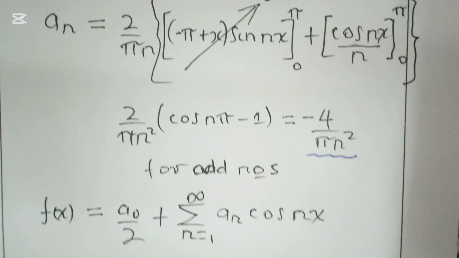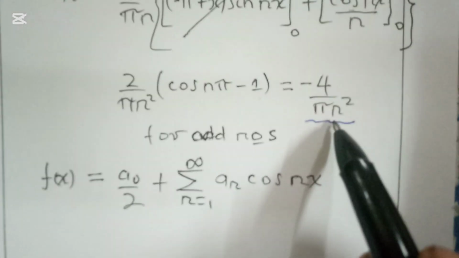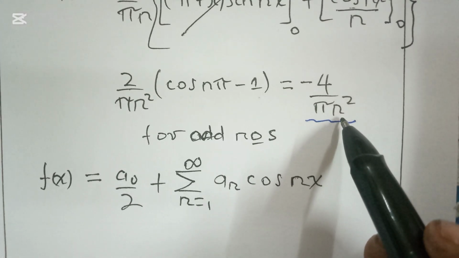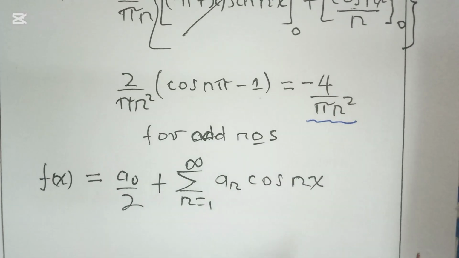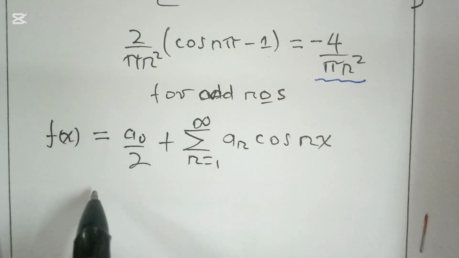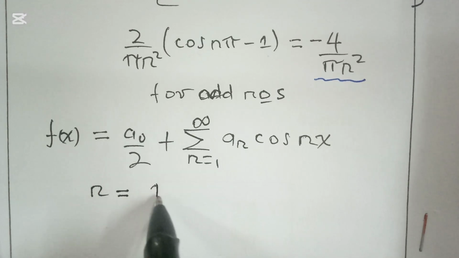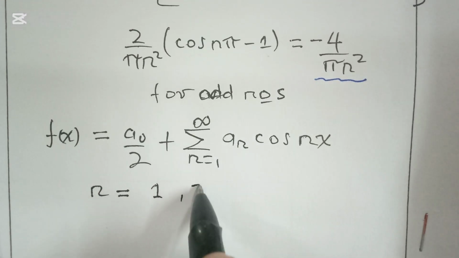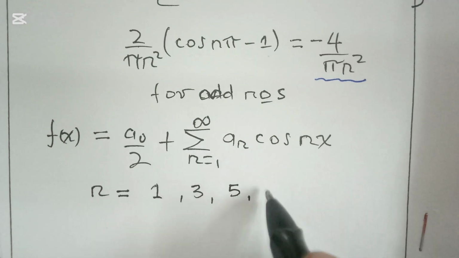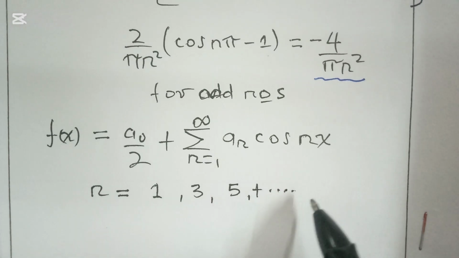And now, before we come to this equation here, so that we can make this n an odd number, this is how we are going to do it before we place it here. We shall say n is equal to 1, 3, 5, and you can continue like that until we come to the nth term.